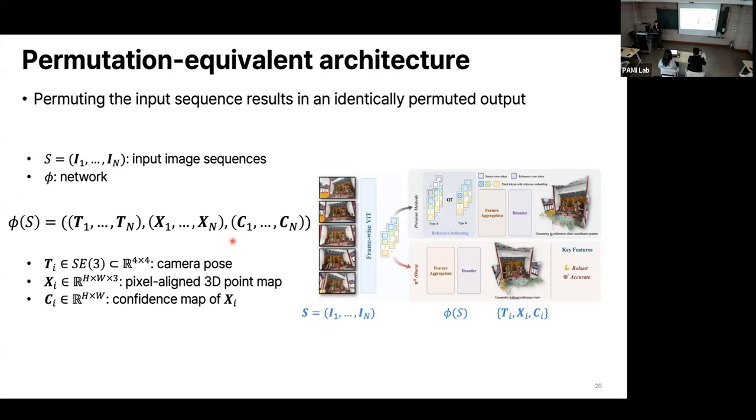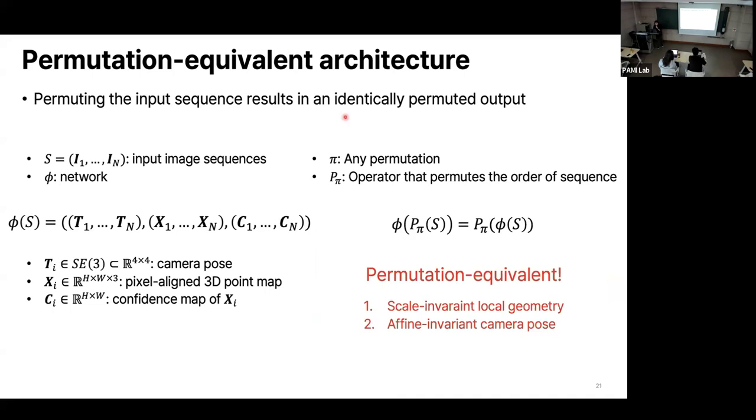The input and output are the same as in the prior work. The permutation equivalent property means that the network needs to satisfy these properties. In other words, the output of the permuted input sequence should be the same as applying the same permutation to the network output.